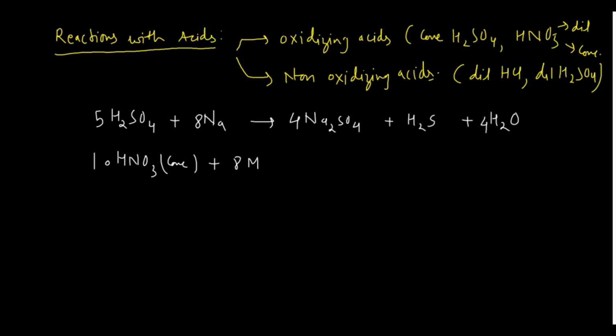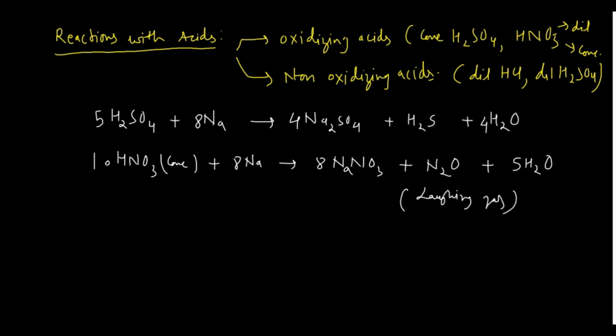So the value would be double that of the dibasic acid, that is H2SO4. So it will form the metal nitrate, 8 of NaNO3 plus N2O and 5H2O. Okay, so this is your laughing gas, please remember.